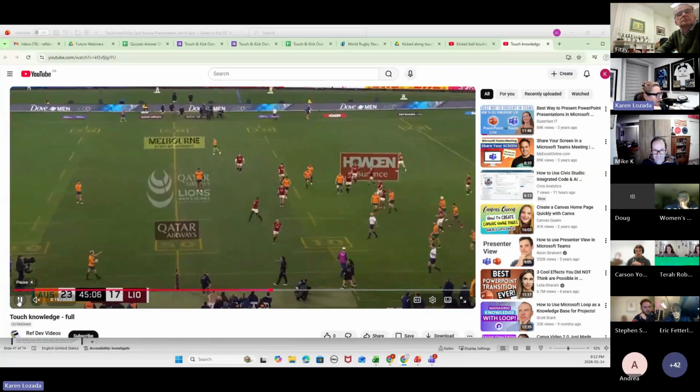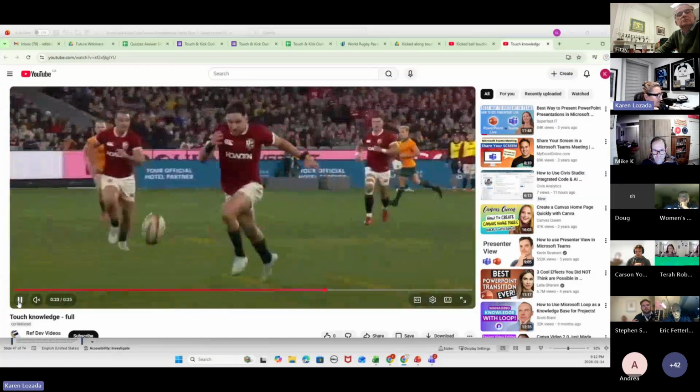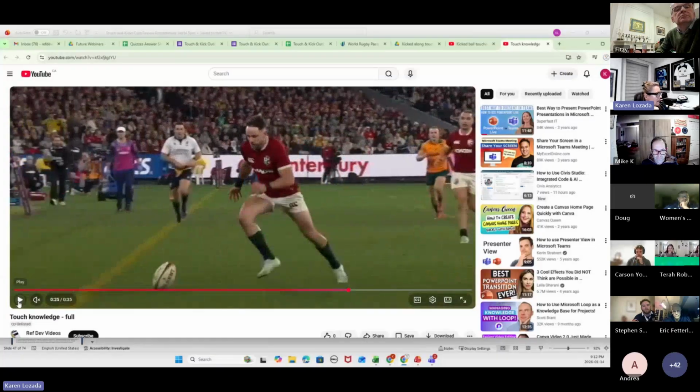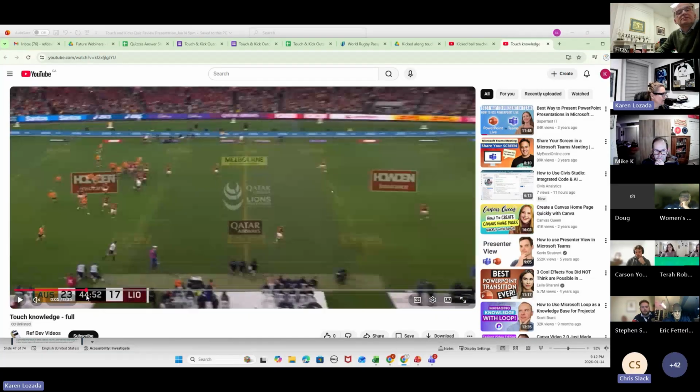Let's see where the AR is positioned, if we can see them on this replay. Look at that. That is very good, right in line, because he knows the other team is going for a 50-22. I think they kicked it behind. Yep.